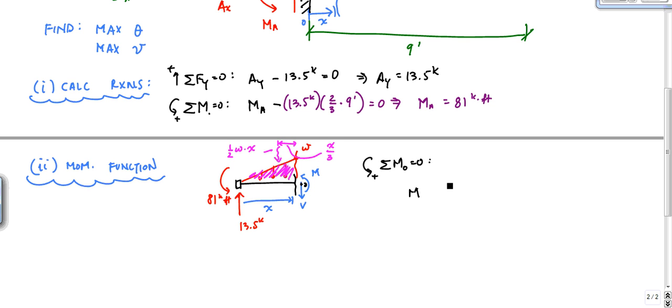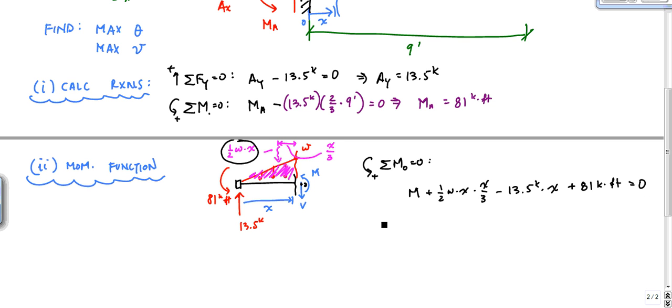So now I have M plus 1/2 w times x. This is a force, times the arm, x over 3, minus 13.5 kips times x plus 81 kip feet equal to 0.